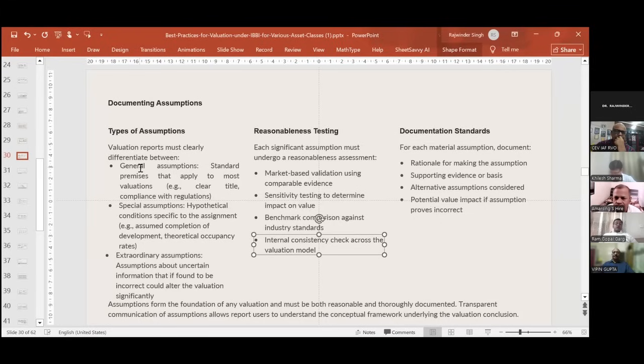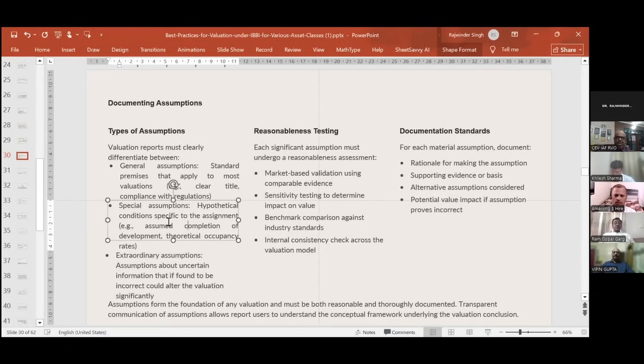These are general assumptions where we assume that the title of the property is clear and the construction of the building is generally complying with regulations, or in the case of plant and machinery, we assume that the plant is being run as per the regulations for that particular industry. Those are general assumptions. And there may be certain special assumptions for a particular assignment which you are doing.